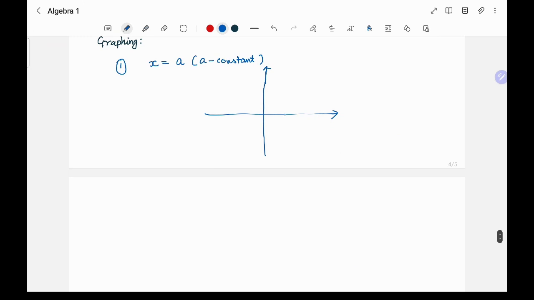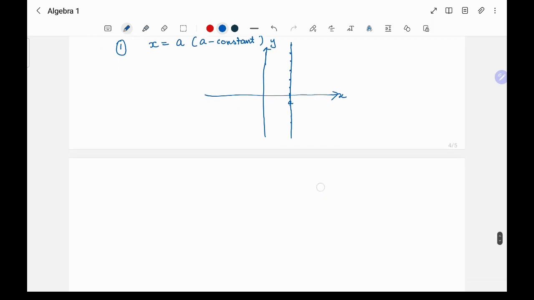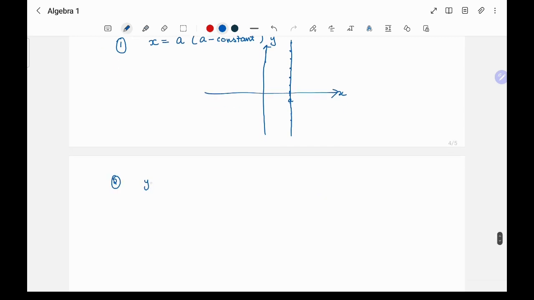So x equal to a, what it means is, for every value of y, x is the same. So this is some a. Any point you take, any value of y, x will be a constant. So this is the equation x equal to a. Second, y is equal to b, y equal to a constant.